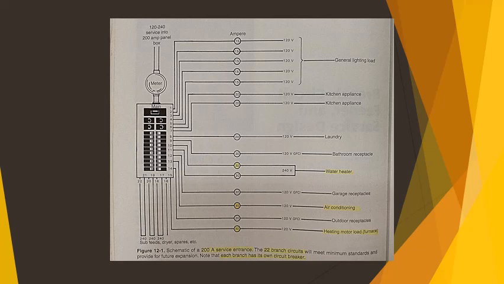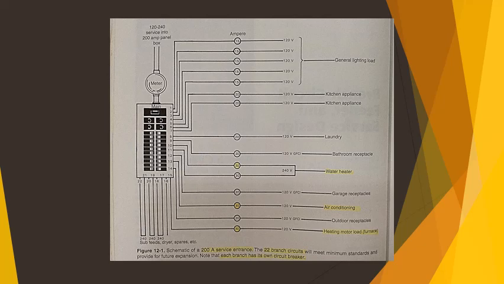A branch circuit is a separate electrical path, independent of other electrical paths in the building. It draws its current from the main service panel and is protected by its own OCPD, that's overcurrent protection device. It serves one or more outlets for receptacles, switches, or fixtures.